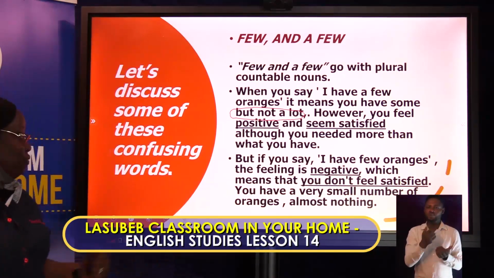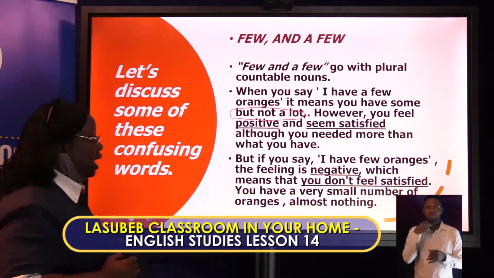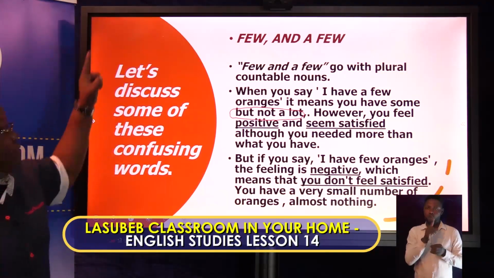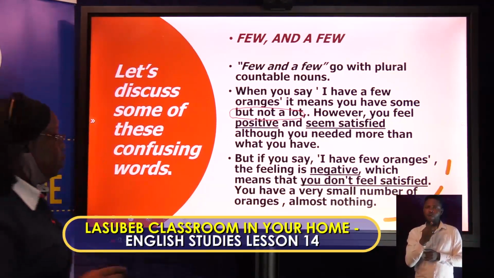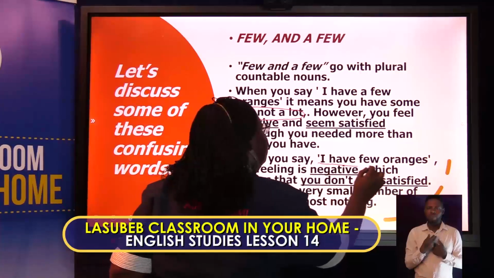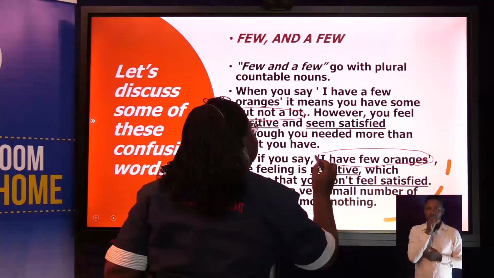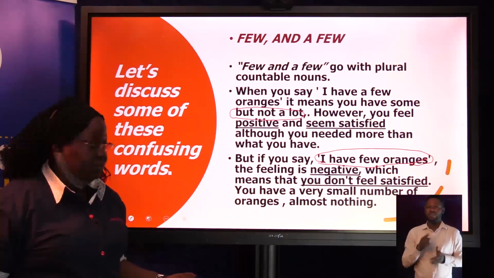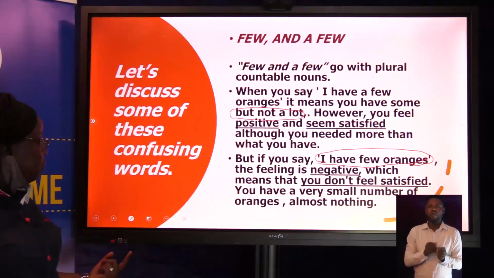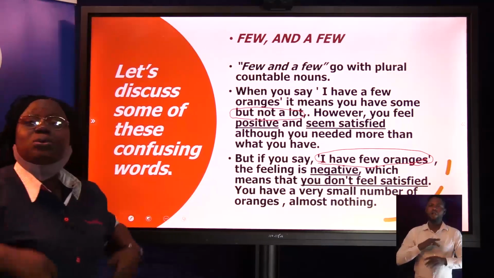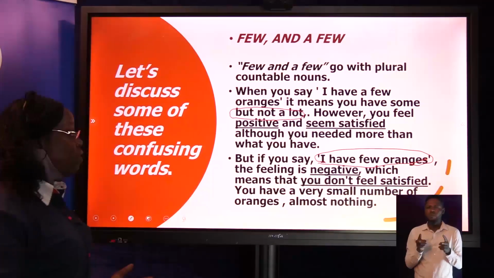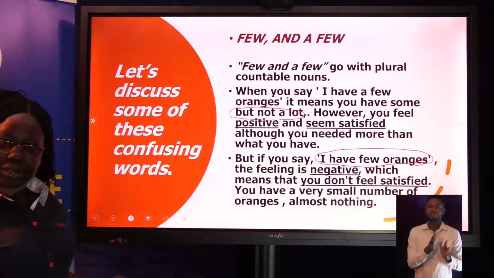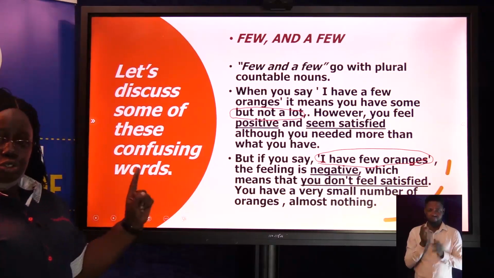But if you now say, I have few oranges, the feeling here is negative, which means that you don't feel satisfied. You have a very small number of oranges, almost nothing. I believe you are following me. Please do.